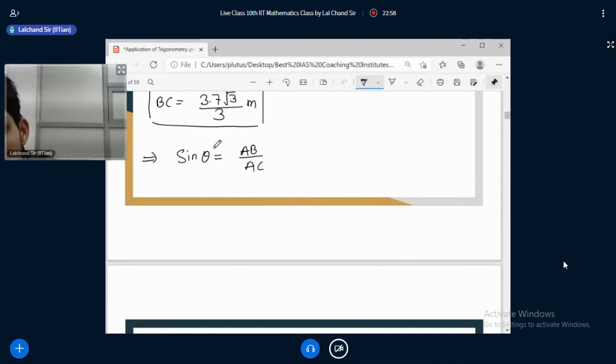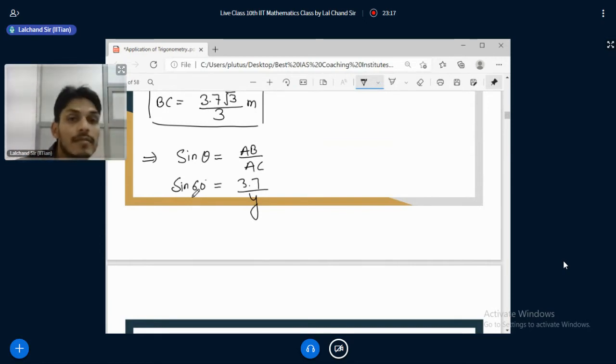What is the value of theta? Theta is 60 degrees. So we can say sine 60 equals AB, which is 3.7, divided by AC, which we have substituted as Y. What is the value of sine 60? Can you tell me in the comment section?